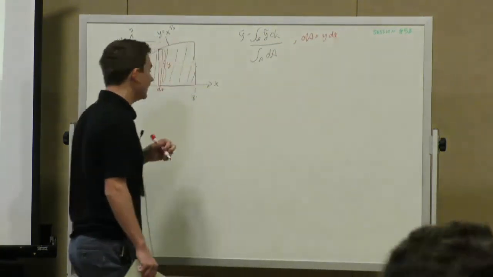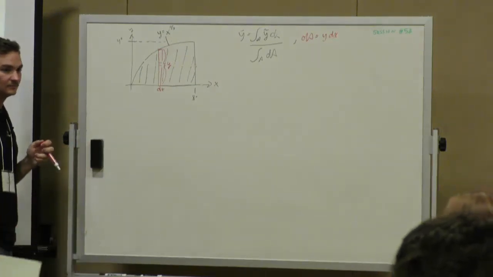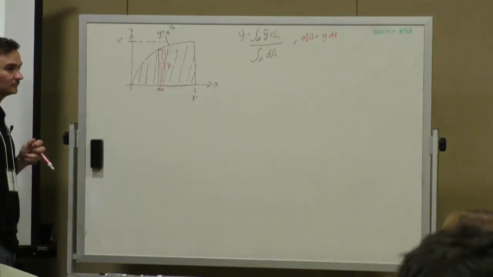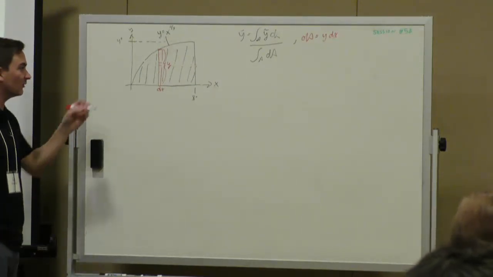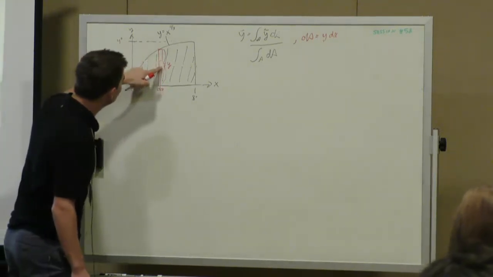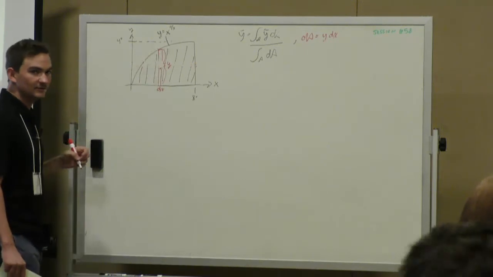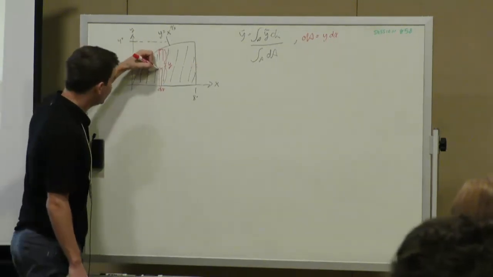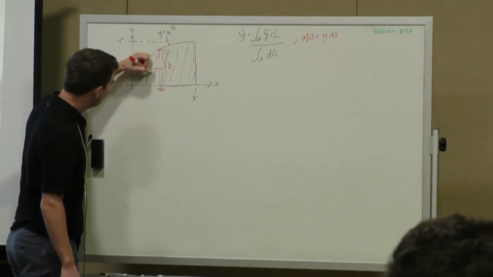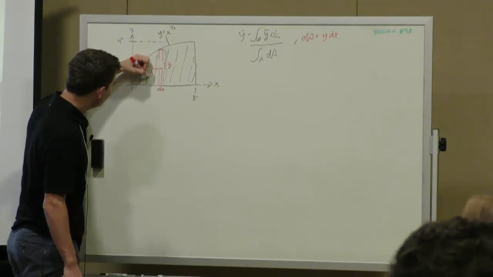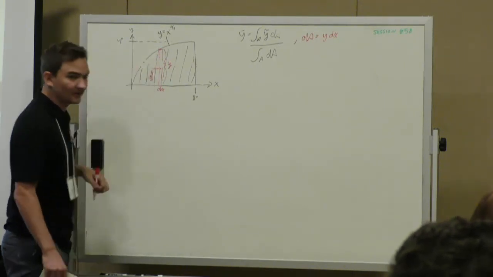And what is our y tilde? So what does everyone think? What's going to be our y tilde of this area? 1/2 of y. Yeah, so since we're saying that's a rectangle, our y tilde is the centroid. So y tilde is equal to y divided by 2.